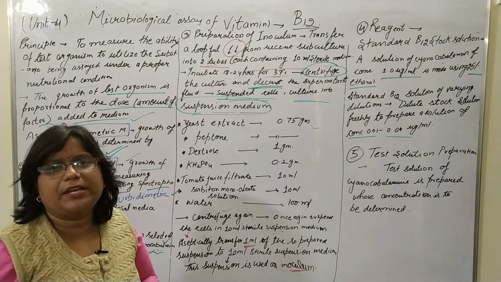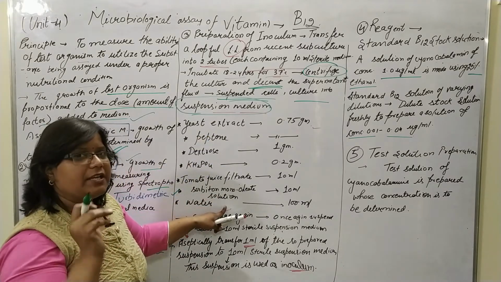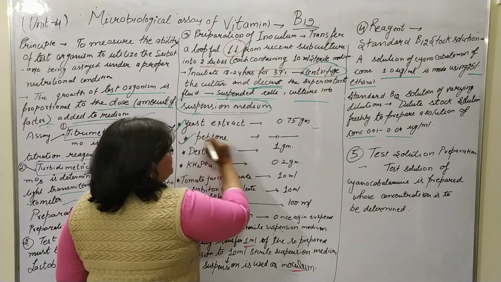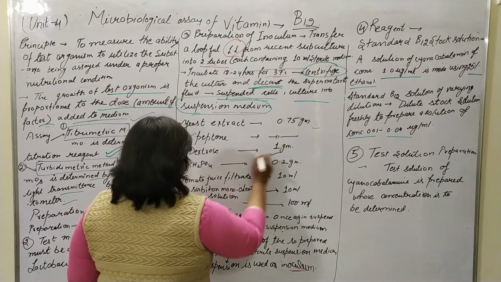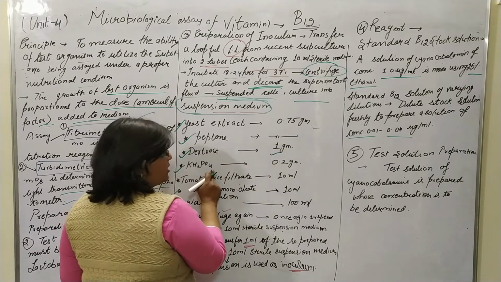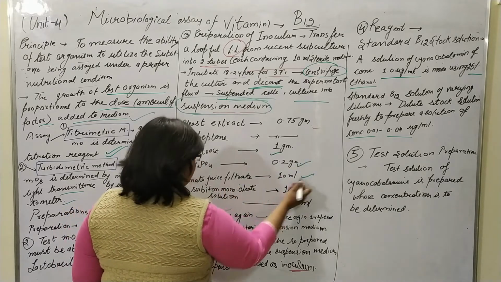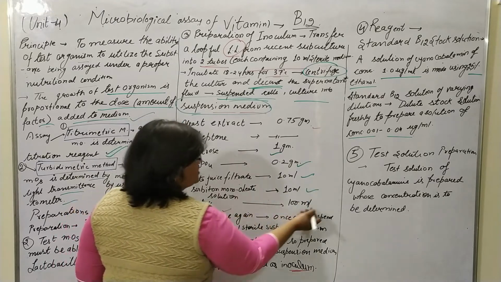In the suspension medium, I have given the following chemical content: yeast extract 0.7 gram, peptone 0.75 gram, dextrose 1 gram, potassium dihydrogen phosphate KH2PO4 0.2 gram, tomato juice filtrate 10 ml, and sorbitan monooleate solution 10 ml, and water 100 ml.